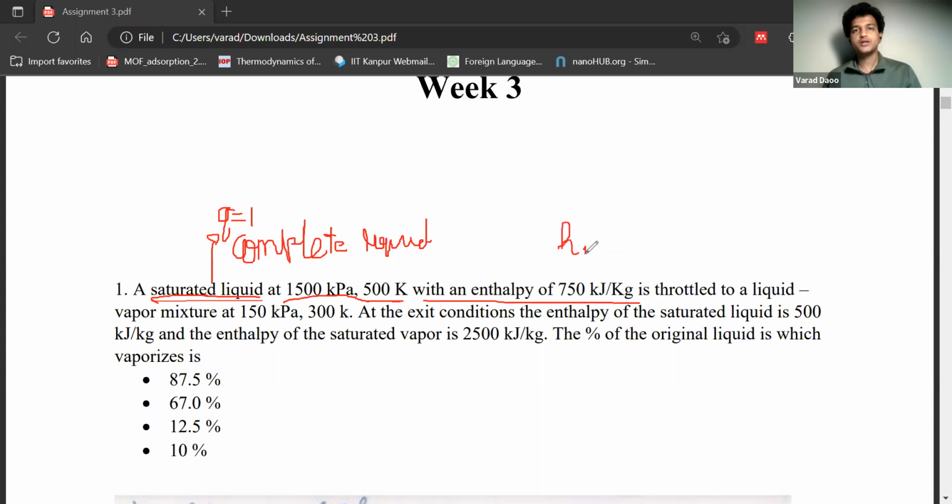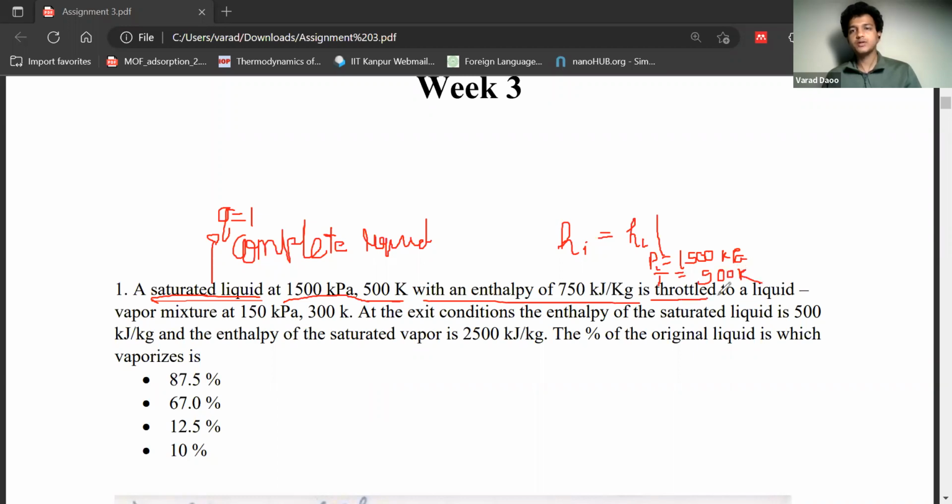So we are given H_I, that is H initial, which is nothing but H liquid, the enthalpy of pure liquid at P1 equal to 1500 kPa and temperature equal to 500 Kelvin.